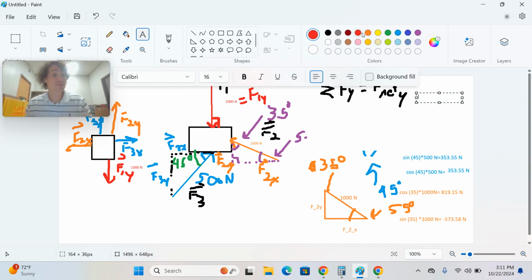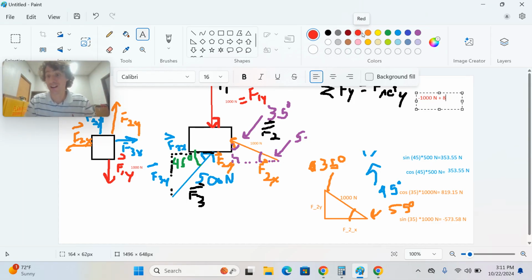Let's switch colors. You can even maybe visualize this better, right? We have a negative 1,000 newtons because it's down. Plus, what? We got 819.15. That's vector 2 in the y. That's positive. Yay. Newtons. Plus vector 3 in the y, which we said was positive 353.